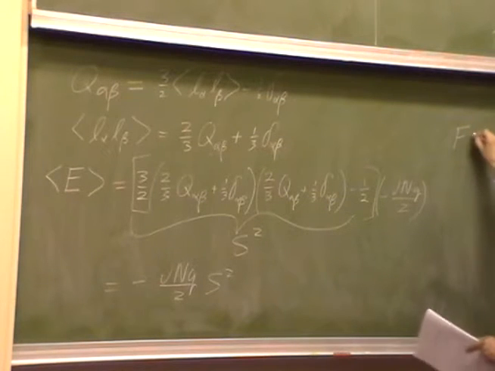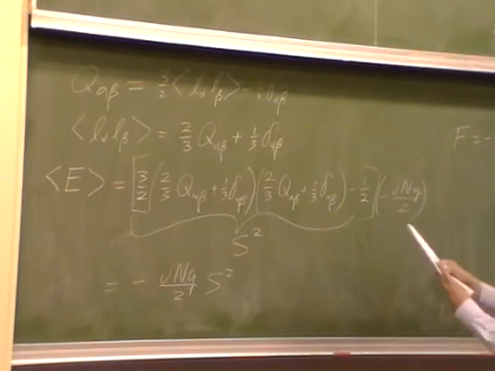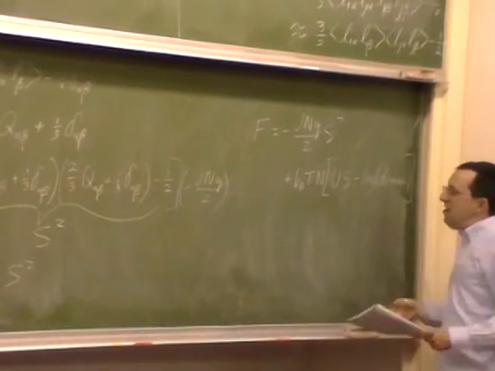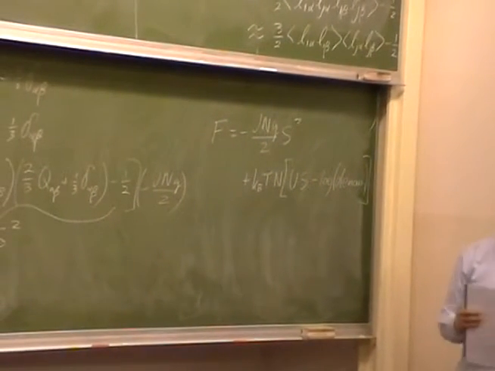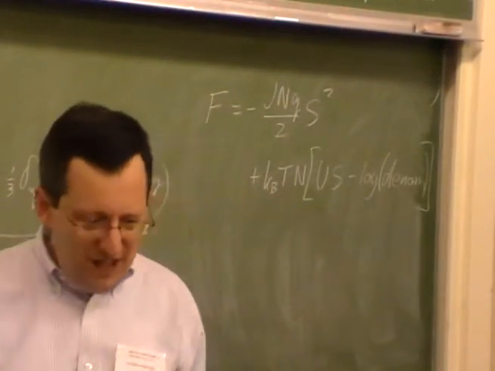So the free energy is minus J N Q over 2 S squared, okay, plus the entropic piece that's up there, plus kT N times U S minus the log of that denominator, which I probably erased by now. So, I'd like to have it written as a nicer function instead of the log of this integral, but, you know, it's life, do what you can.